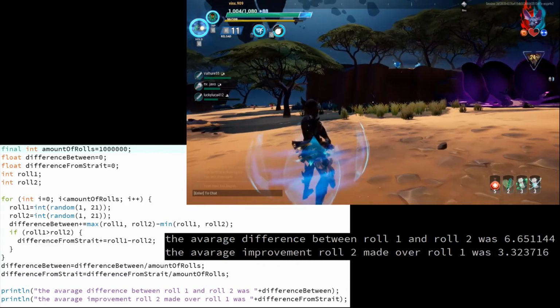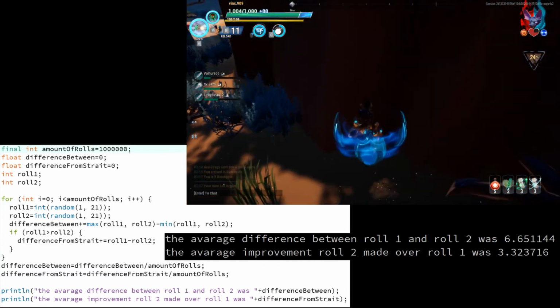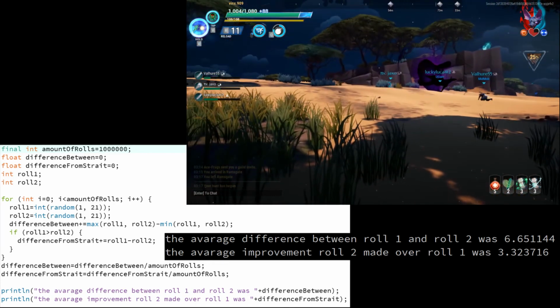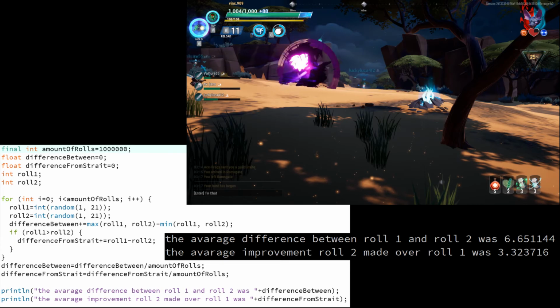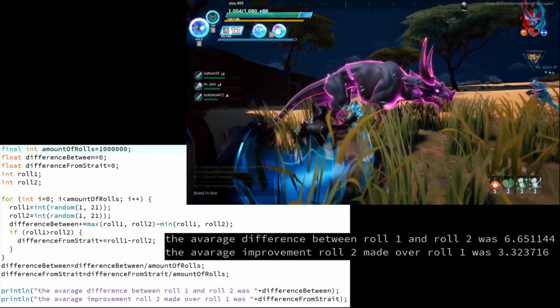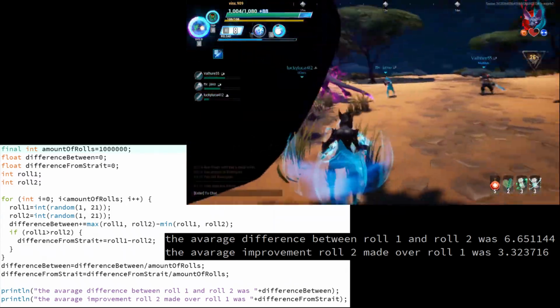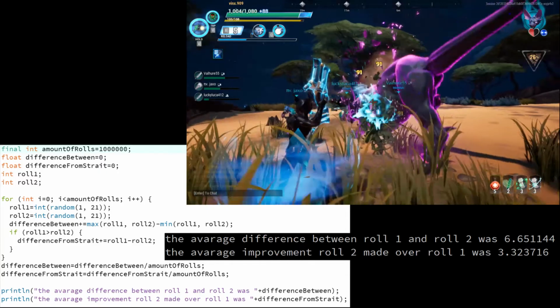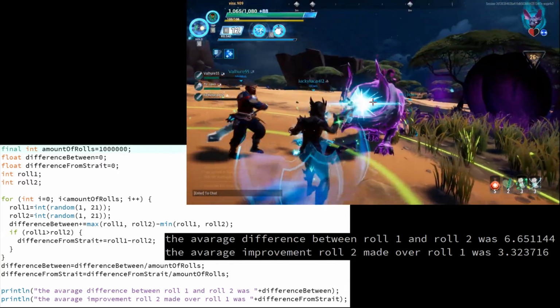But it's based in nothing. The average difference between roll number 1 and roll number 2 comes out at 6.65, or 6.66, or roughly in that area. Honestly, I don't want to read the entire string, it's on screen right now. So that's more than the general +5 that is usually taken.